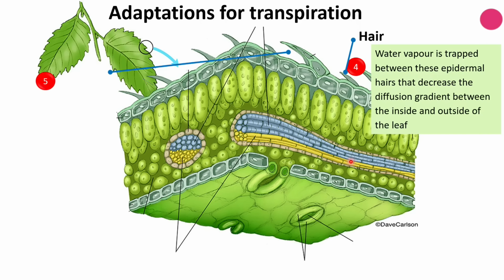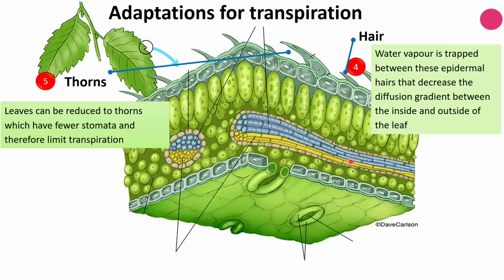Another thing is there can be thorns. And the thorns take the space where stomata could have been, so that if there are now fewer stomata and more thorns, it means that there's less transpiration.